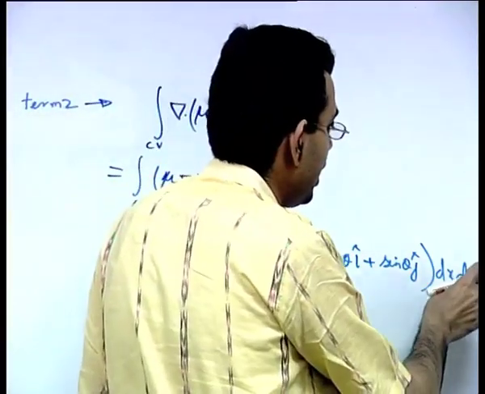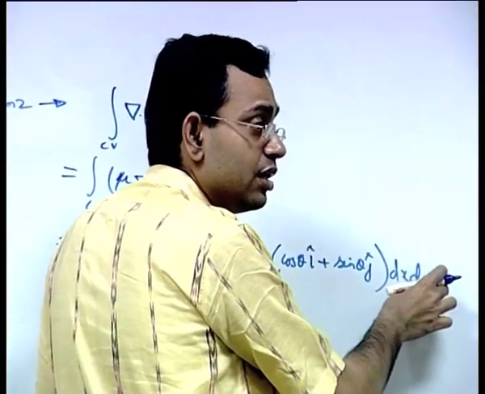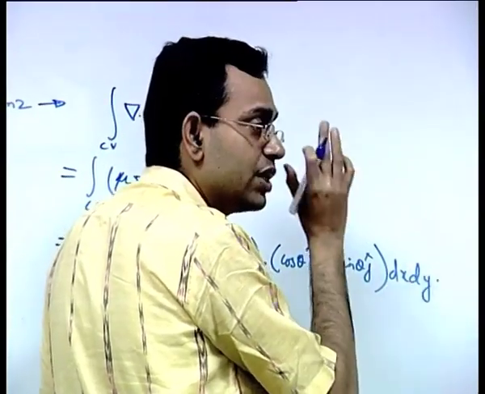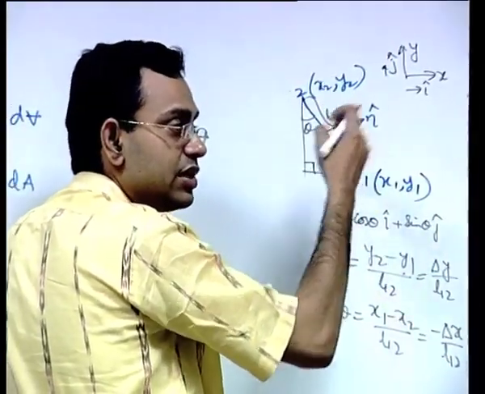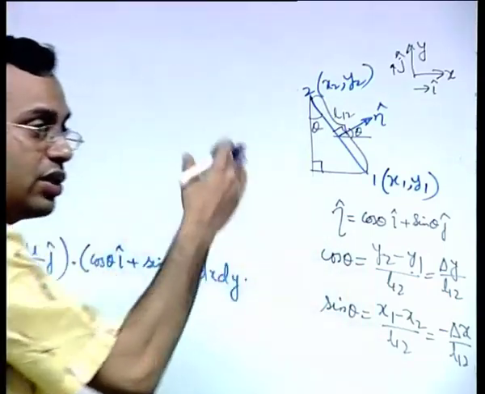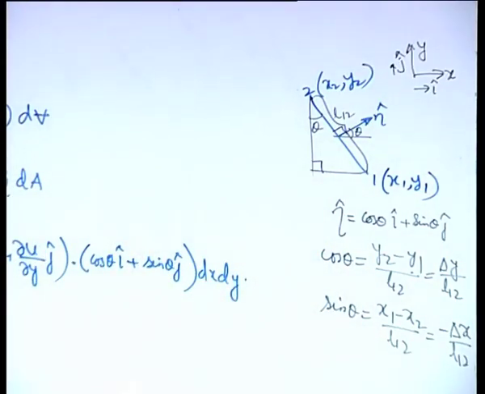Remember that dA is equal to dx dy, that is fine, but we have to keep in mind that the elemental area is located on each of the faces, it is not inside the domain, it is located on the faces which are the boundaries of the triangle.